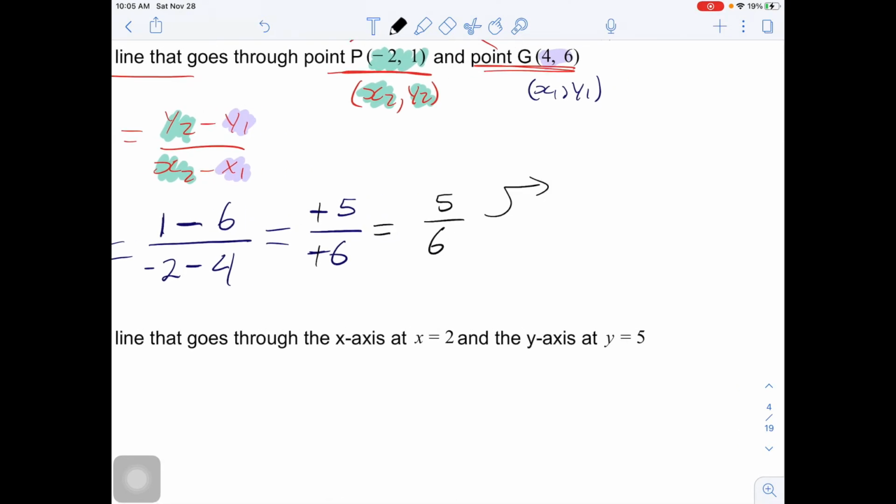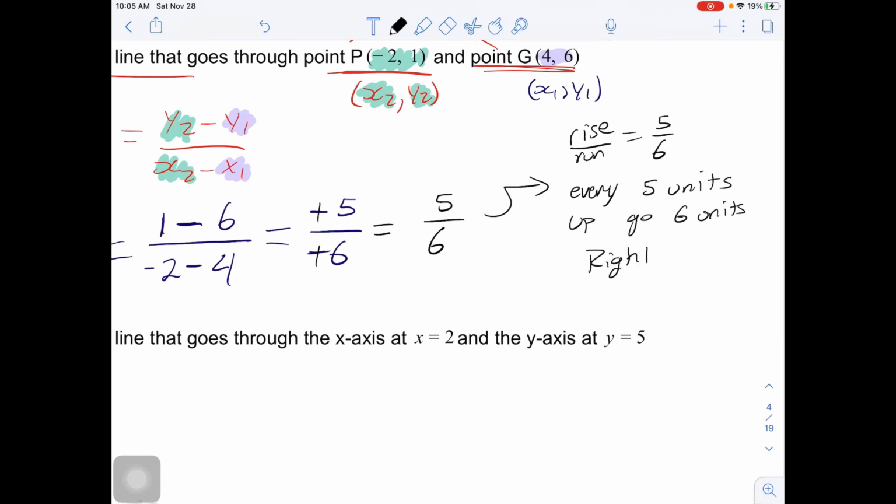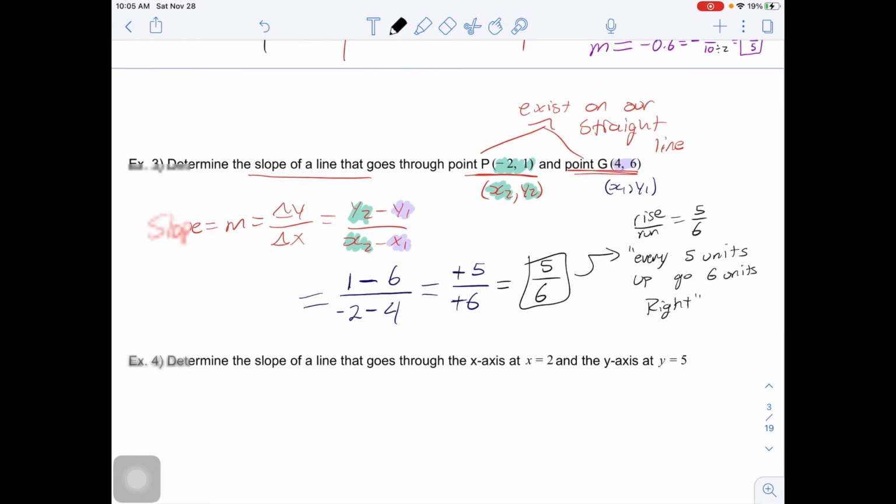So this now reads, remember it's rise over run, and they're positive, so it's 5 over 6. So this would be every 5 units up, go 6 units right. And there is our slope for this particular graph.